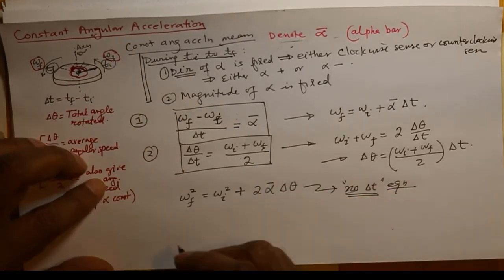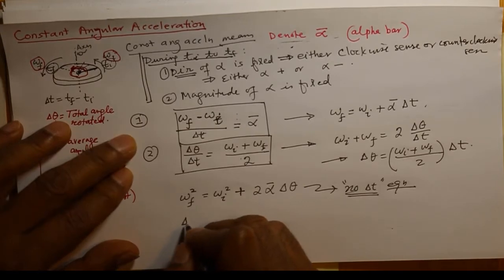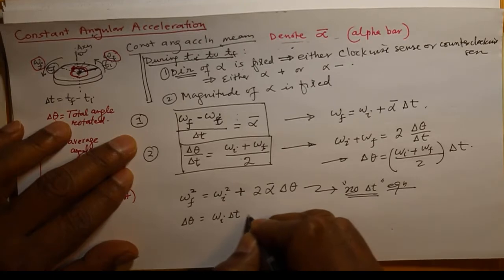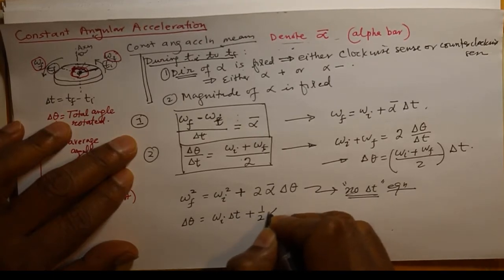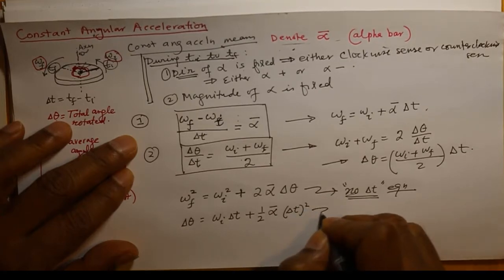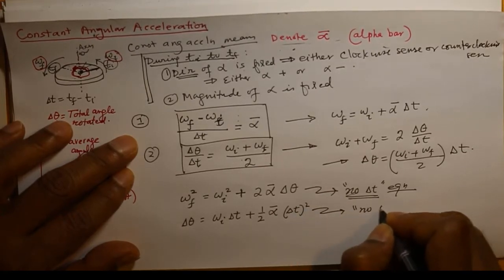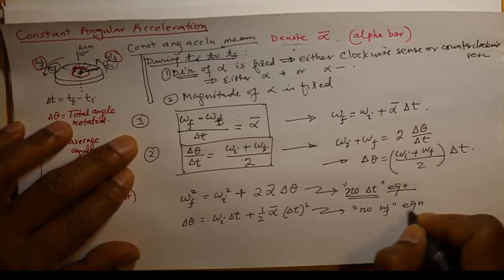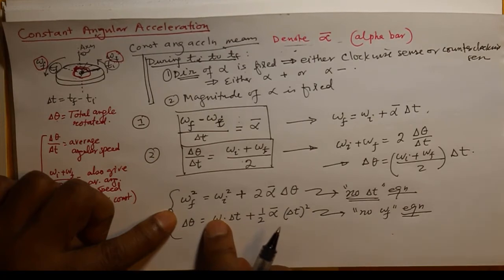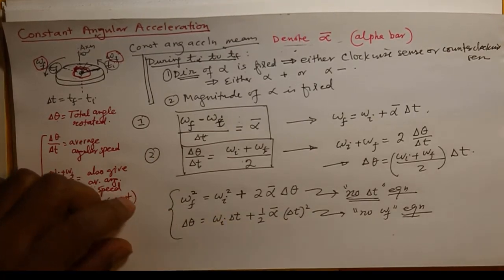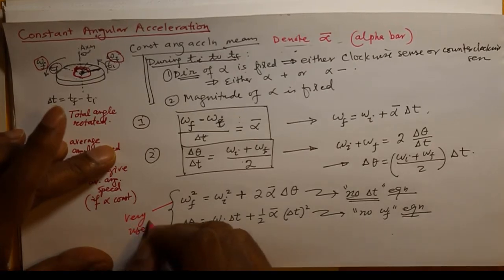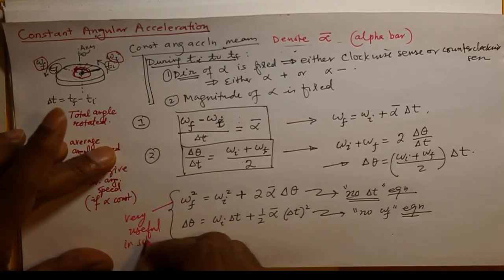That gives me delta theta equals omega i delta t plus half alpha bar delta t squared. So this is the no-omega-f equation. These two come from the first two, but they are very powerful and very, very useful in solving problems.